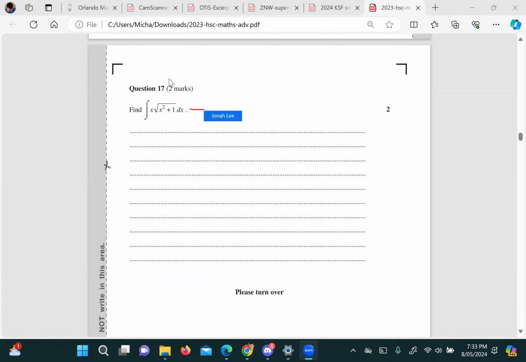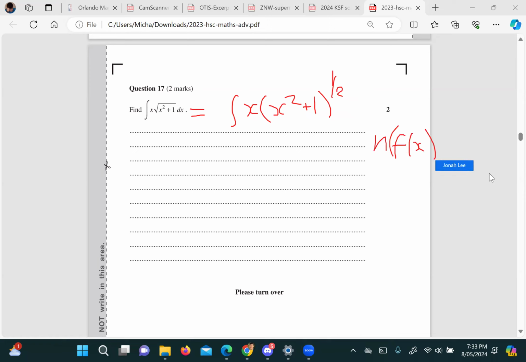So I made this equal the integral of x outside of x squared plus 1 to the half. And then using the reverse chain rule, I made it n f of x to the n minus 1 times f dash x.